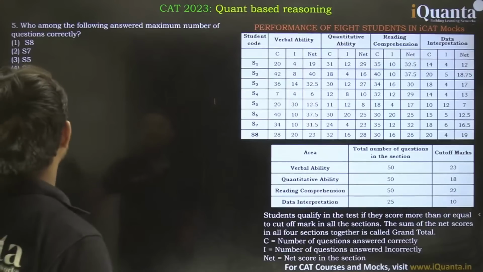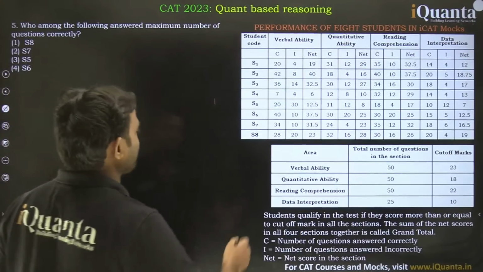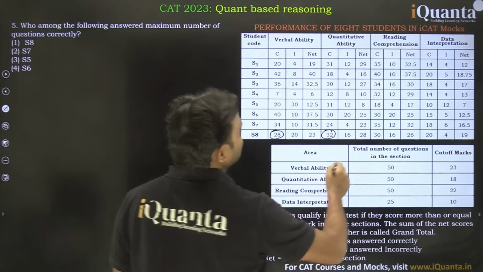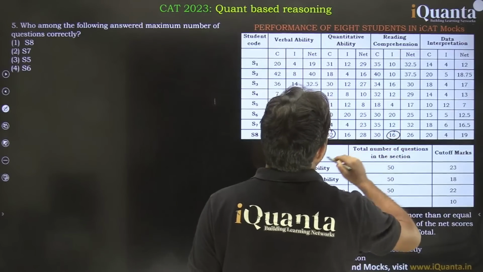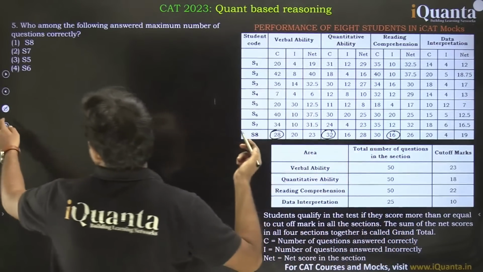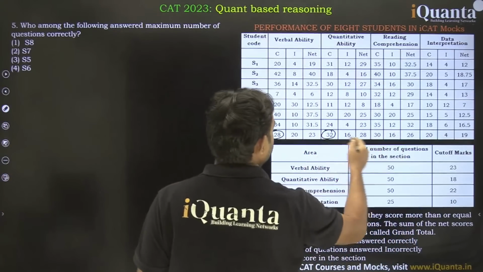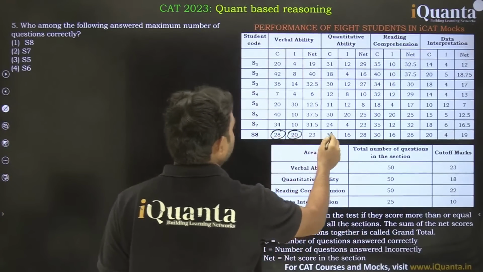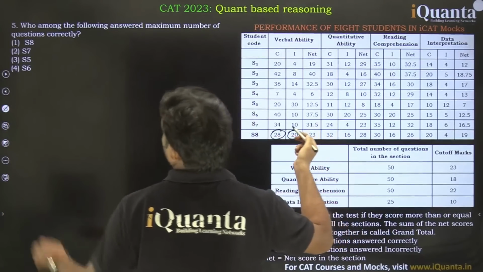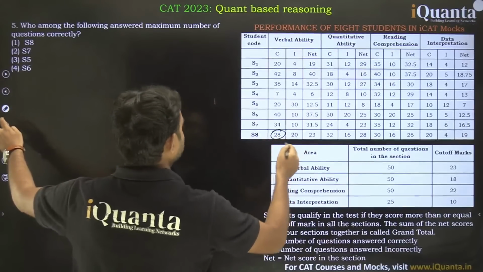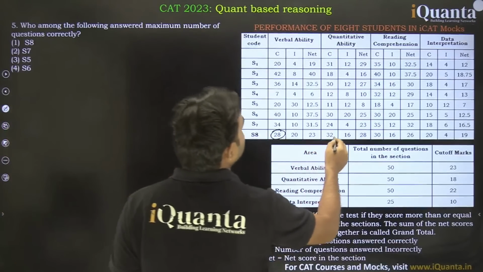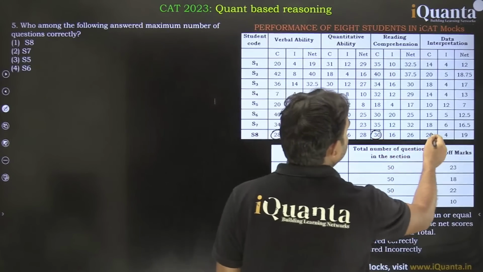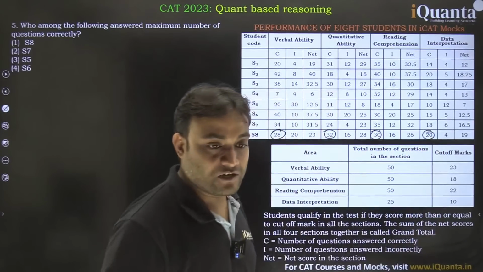For S8, we need to add all these values: 28, then 32, then 30, then 20. We need to add these values.